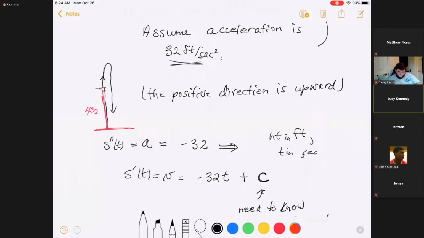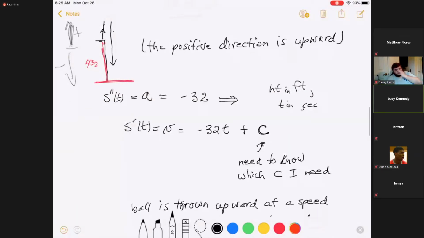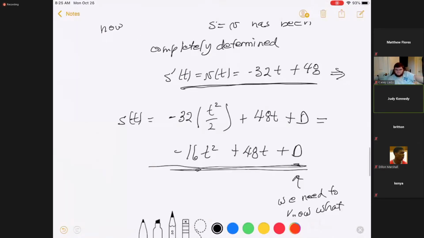Its velocity decreases. When it hits the maximum height, its velocity is 0. And then its velocity becomes negative, because now the ball's moving in the negative direction. Positive is up. Negative is down. That makes sense just looking at the picture too.